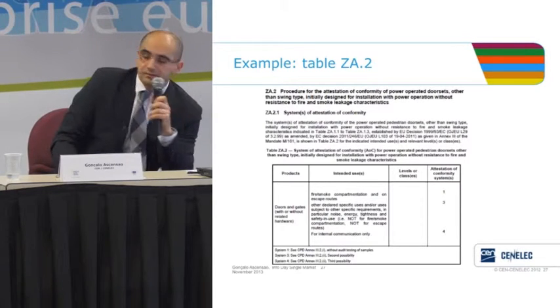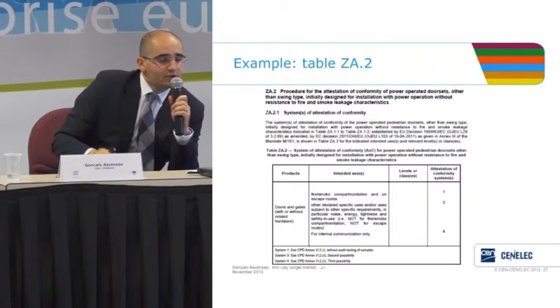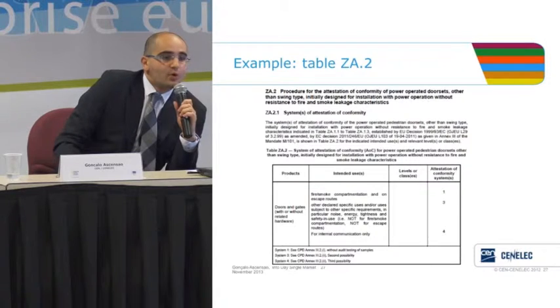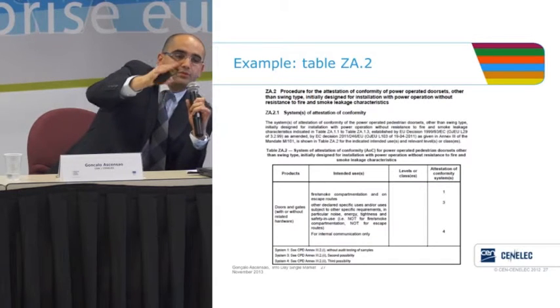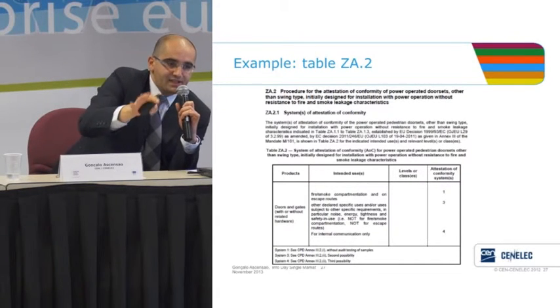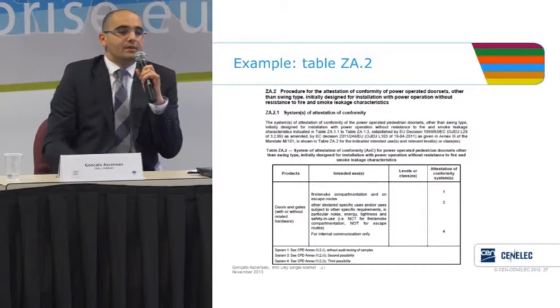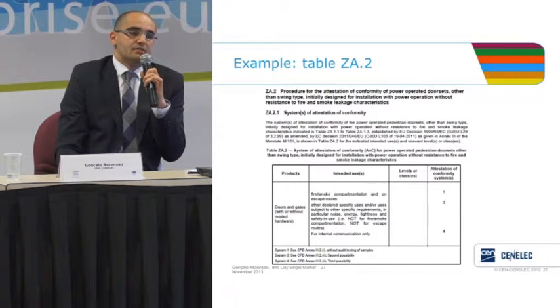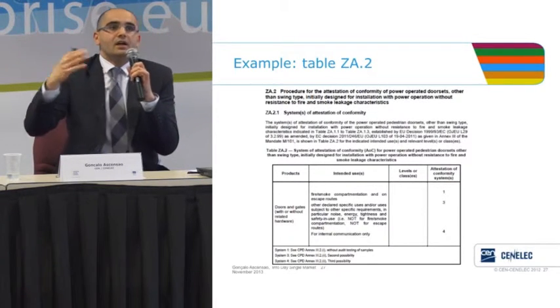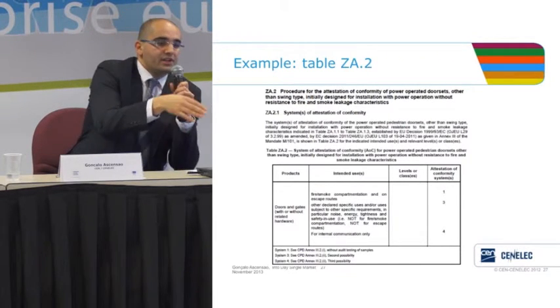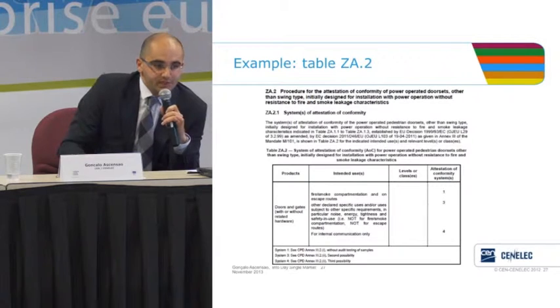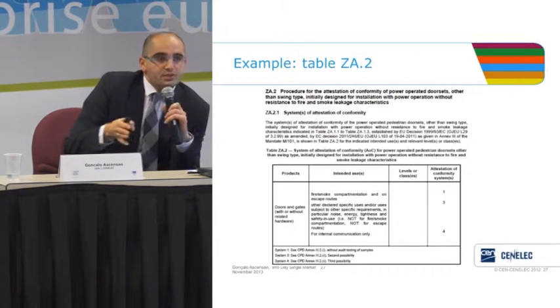And you can see, it's a bit small, but for fire smoke compartmentation and on escape routes, the applicable system, this is still based on CPD, so the terminology is not the same now, but before it was the system, attestation of conformity system 1, now system of AVCP is 1. For other declared specific uses, it was system 3, and for internal communication was system 4.